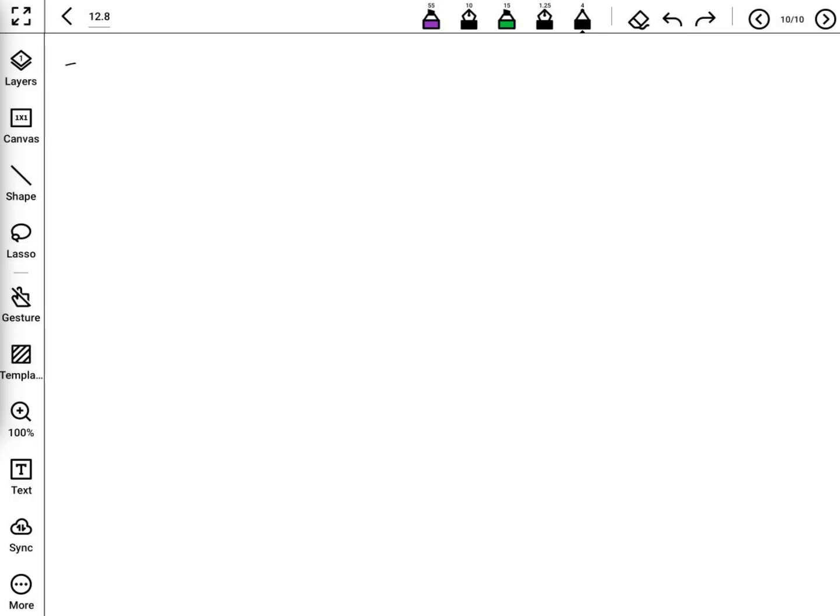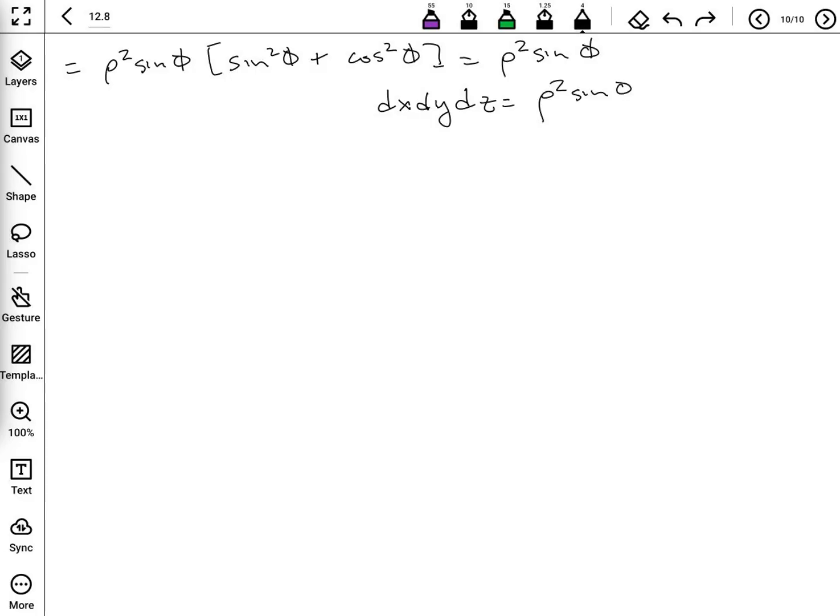We'll end up at rho squared sine phi times, was it the sine or cosine I wrote first? Sine. Sine squared phi plus cosine squared phi is equal to rho squared sine phi. So I would know that dy dx dz is equal to rho squared sine phi d rho d theta d phi.